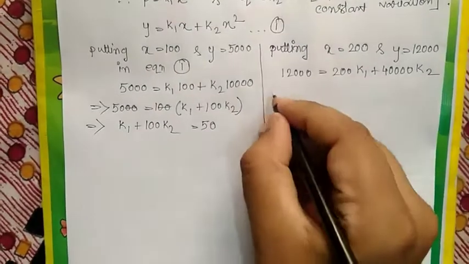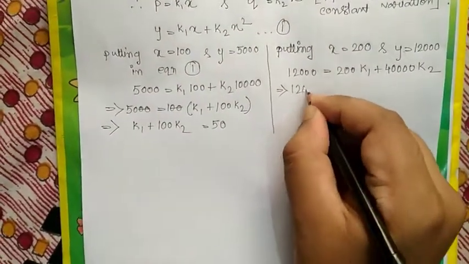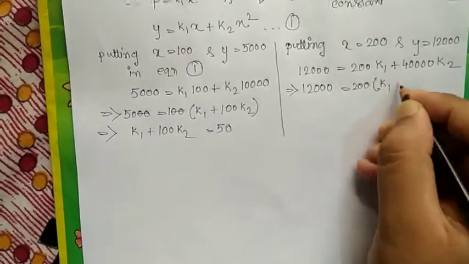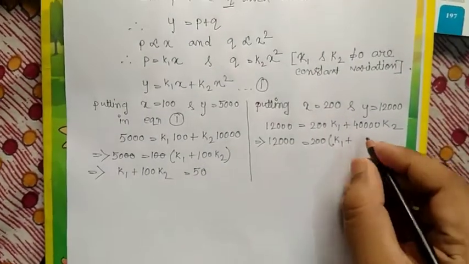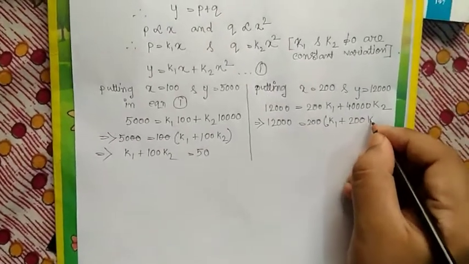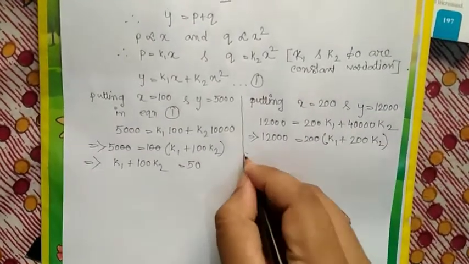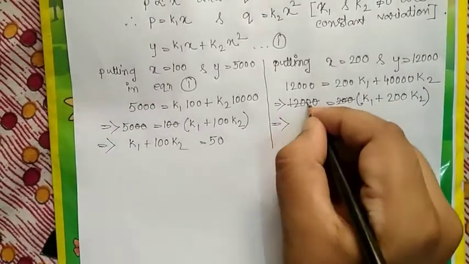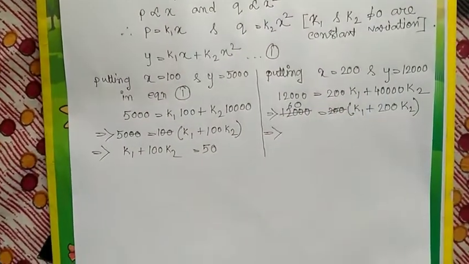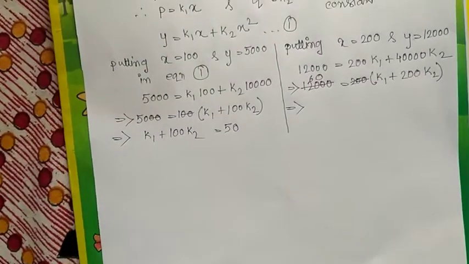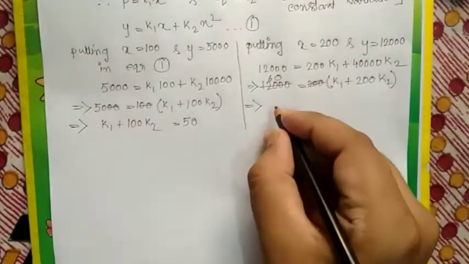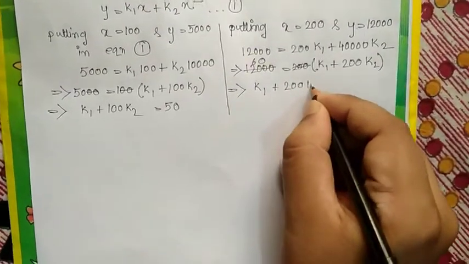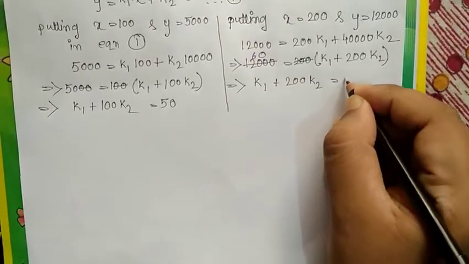Taking 200 common, we get k1 plus 200 k2 equal to 60.